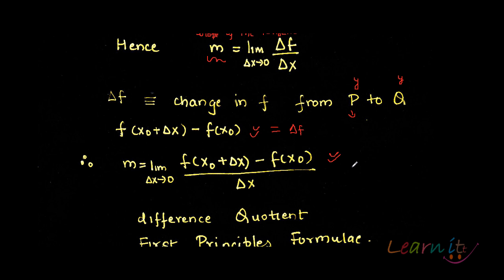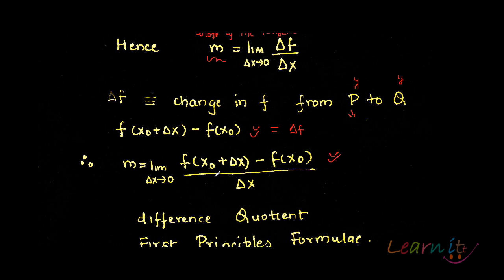Okay. Q turns into P, and instead of cutting as a secant on 2 points, it will just touch the curve at P. So [f(x naught plus change in x) minus f(x naught)] upon change in x would essentially be the slope of the tangent. And this is something that we call the difference quotient.